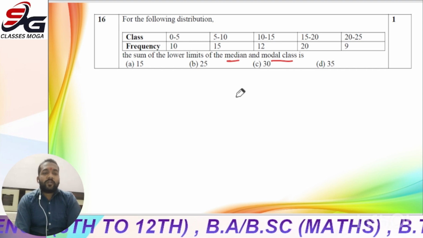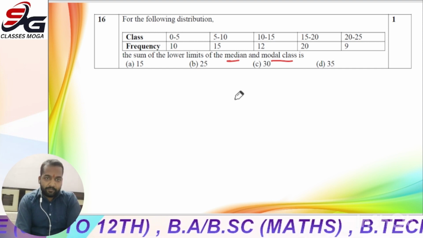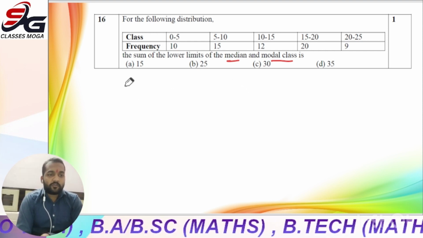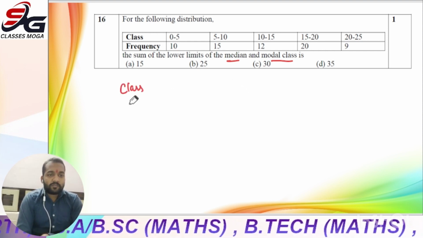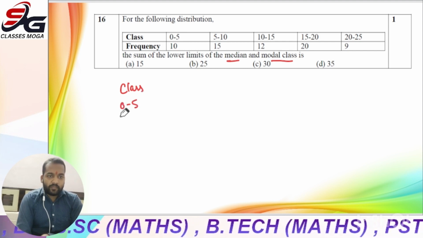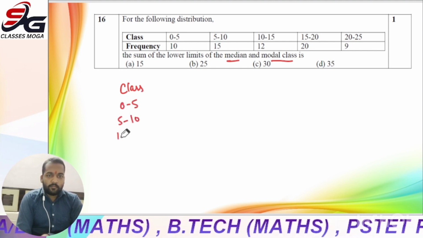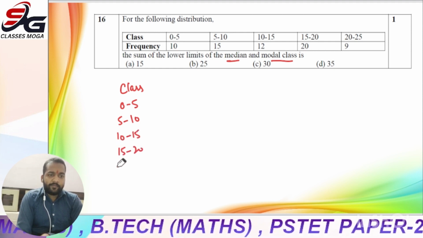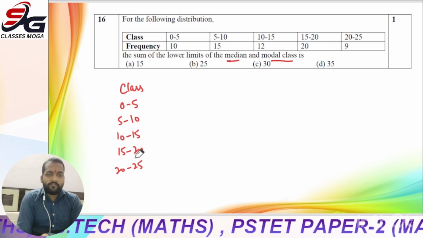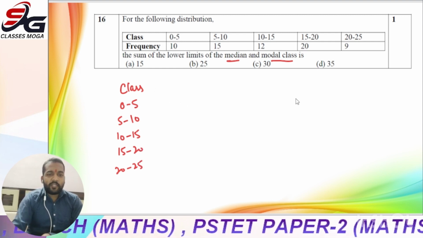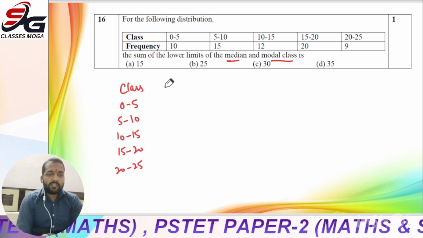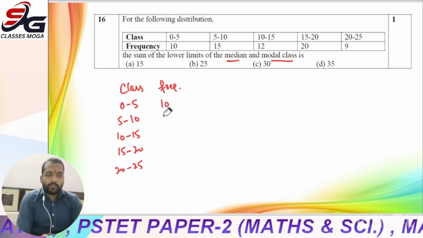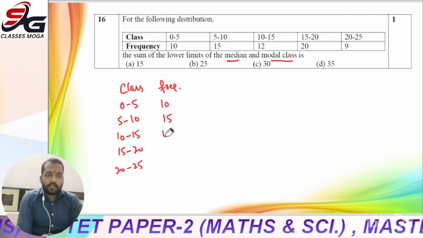So first of all, we find the median class and the modal class. The class intervals are 0 to 5, then 5 to 10, 10 to 15, and 20. So what is the frequency? The frequencies are 10, 15, then 12.